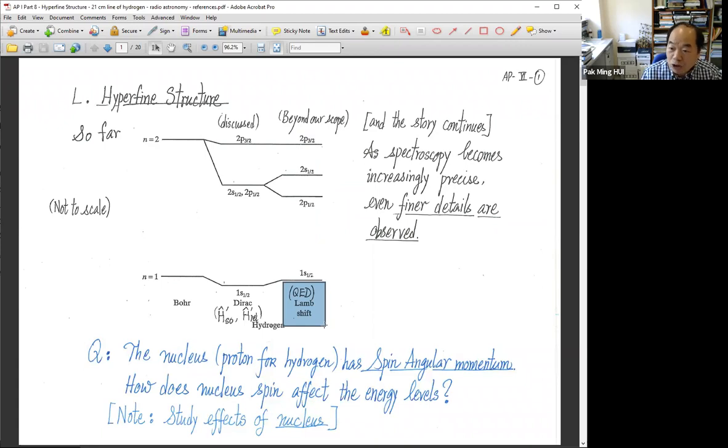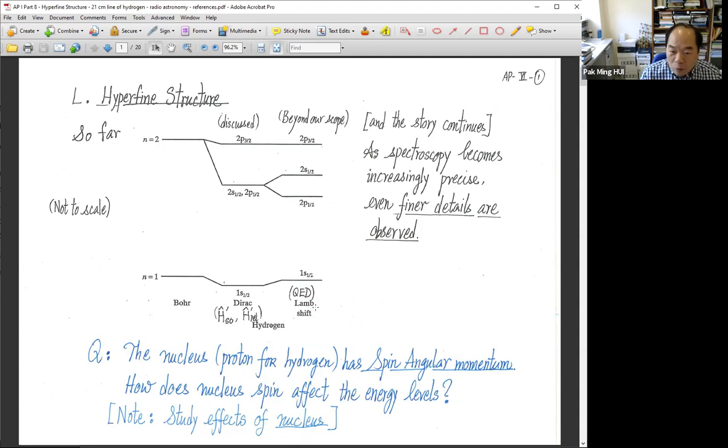That is the Lamb shift. From data, we cannot explain it at this stage. That has to do with the vacuum, the space between the electron and the nucleus. We thought there's nothing, but nothing is a lot of things in quantum field theory. So that is what we have.